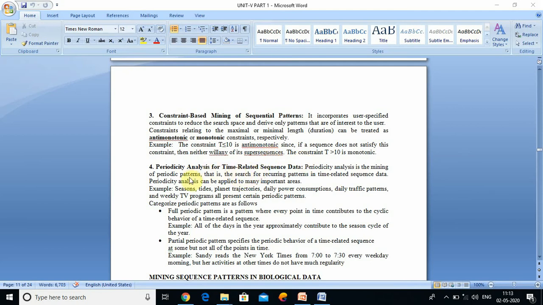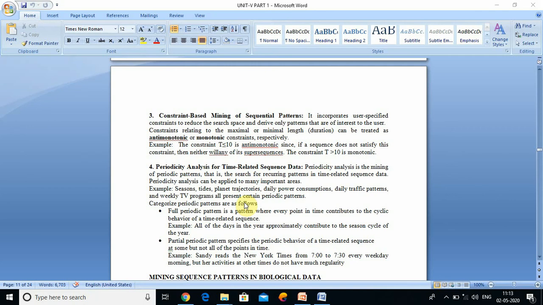Periodicity analysis for time related sequence data. Periodicity analysis is the mining of periodic patterns, that is, the search for recurring patterns in time related sequence data. Periodicity analysis can be applied to many important areas.